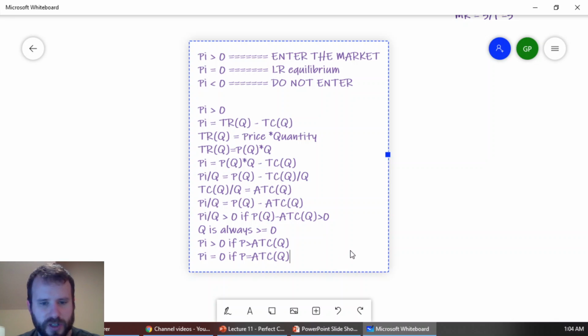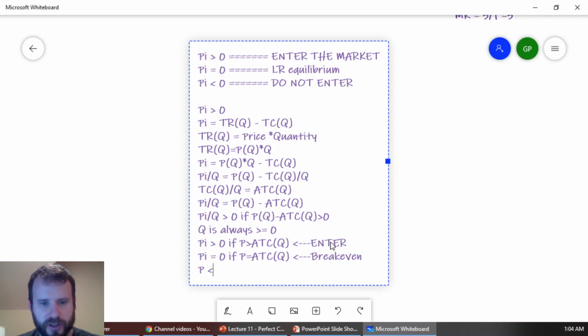So we can say this: if price is greater than average total cost, enter. If price equals average total cost, break even. If P is less than average total cost, this is your do not enter.